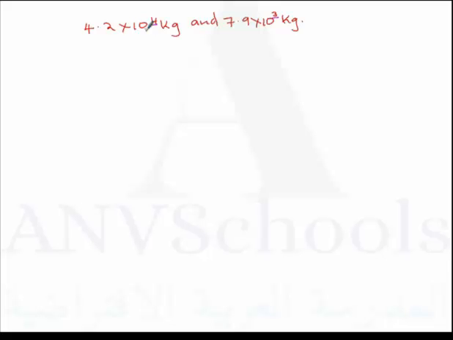The power, or the exponent, may be either 3 or 4; we can make both exponents either 3 or 4. So here we have 4.2 multiplied by 10 power 4 kilograms.